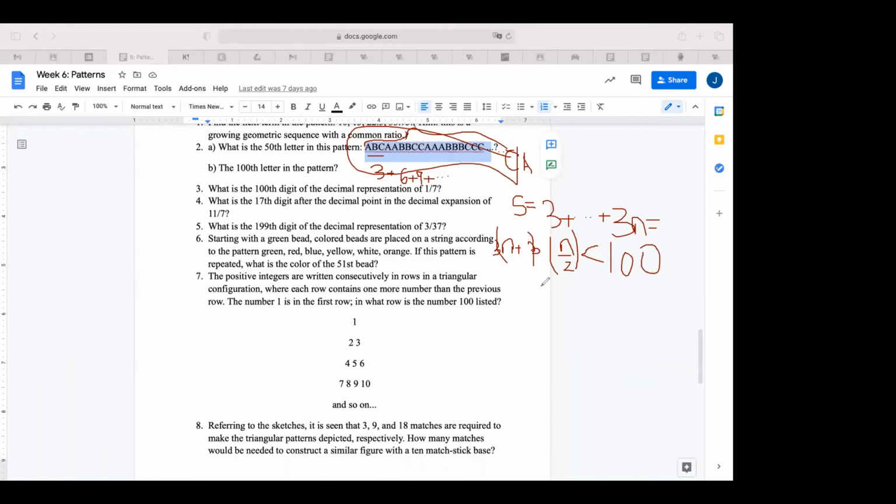So then you should solve this equation to get the maximum value of n. For this one, you have to do some guessing and checking. Can someone tell me what's the greatest value of n?